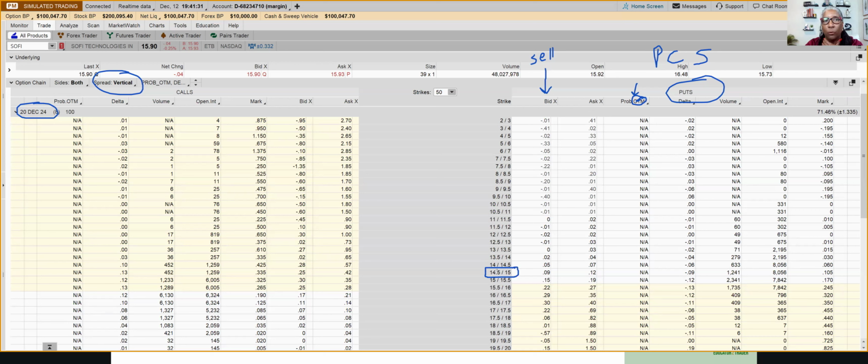The difference between 14.5 and 15 is 50 cents. It's only 50 cents between these two strikes. 50 cents means you're going to take in $9, 0.09 times 100 shares.